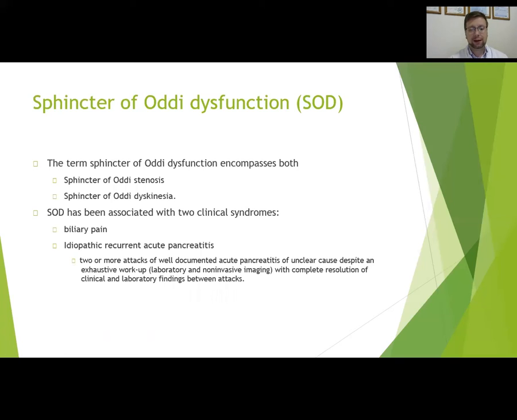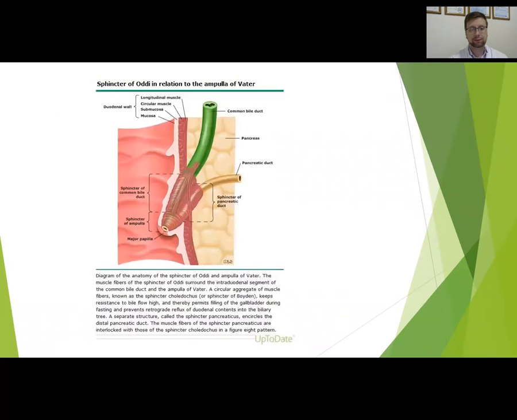This means 2 or more attacks of well-documented acute pancreatitis of uncertain cause despite an exhaustive workup, with no laboratory or non-invasive imaging features of pancreatitis, and with complete resolution of clinical and laboratory findings between attacks.